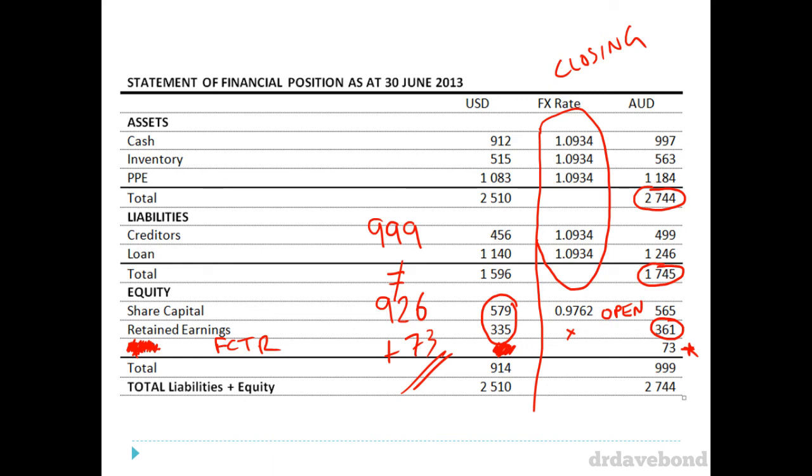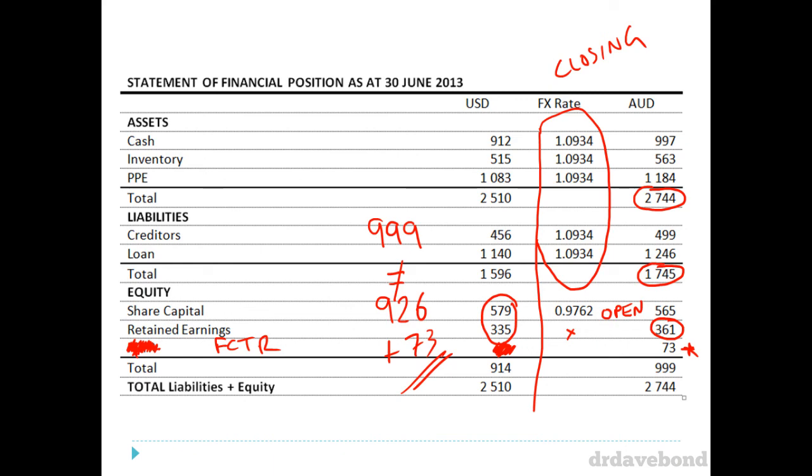So that FX rate is what 1 US dollar is worth, and you'd be multiplying it. So 1 equals 1.09, so 912 would equal more than that. The 997. Yeah, that makes sense.